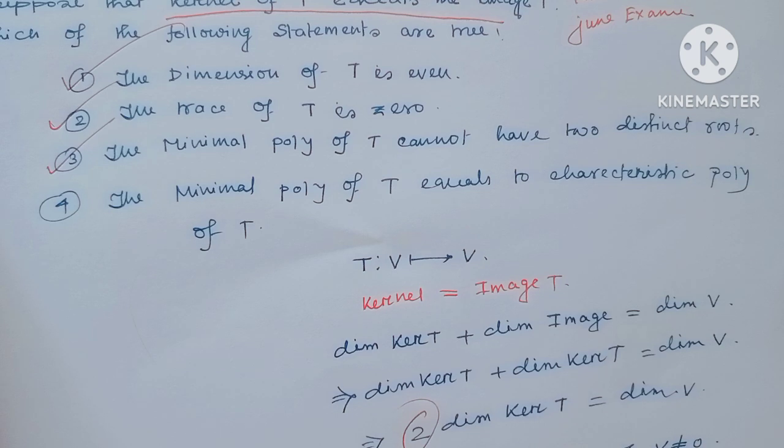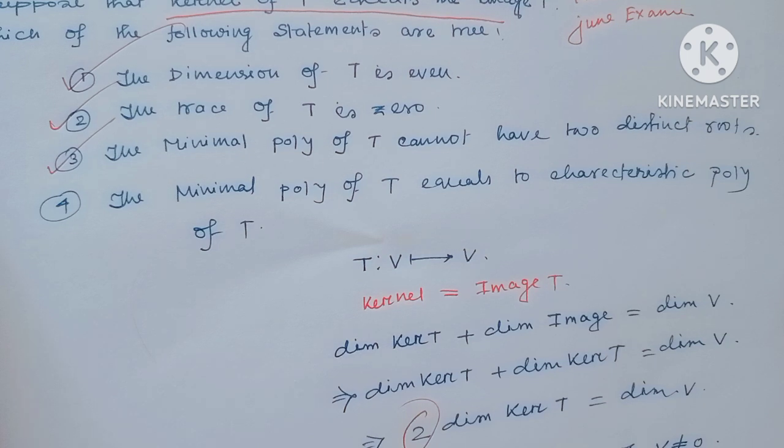And option 4: the minimal polynomial of T equals the characteristic polynomial of T. Is it true? If the operator is a nilpotent operator, then there exist many examples whose characteristic polynomial is not the same as the minimal polynomial, because a nilpotent operator is not diagonalizable.